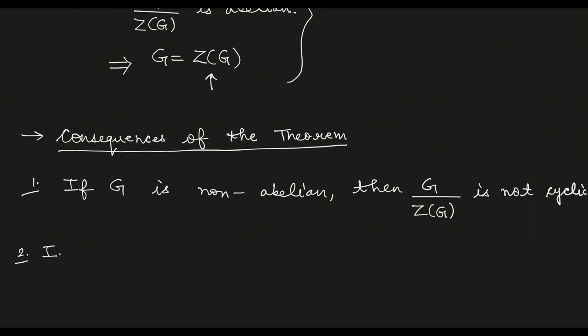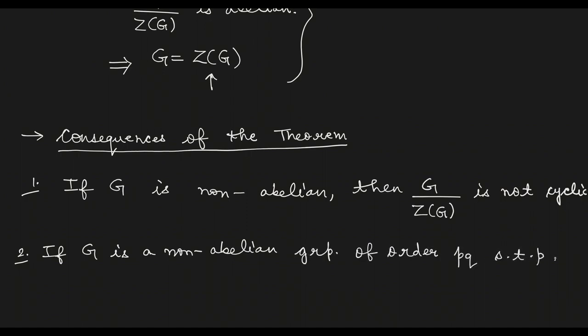Second, if G is a non-abelian group of order PQ such that P and Q are prime, then Z(G) is equal to identity. If G is a non-abelian group of order PQ such that P and Q are prime, then the center of G will be identity.